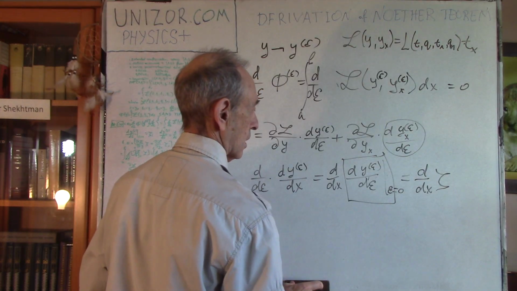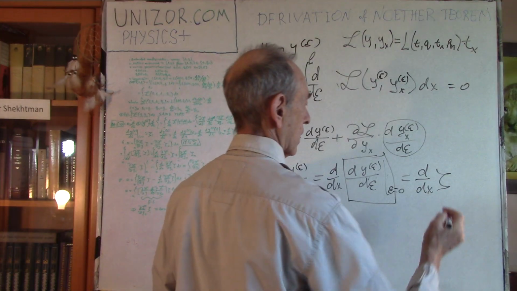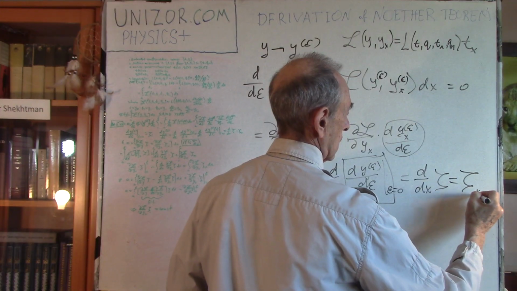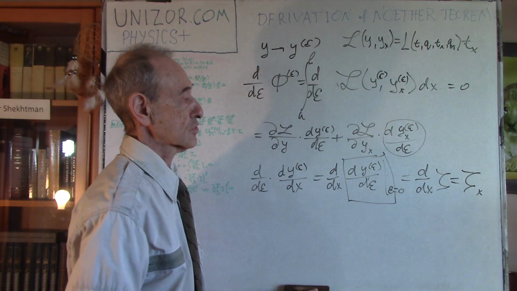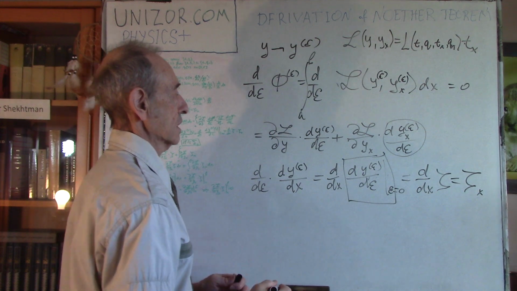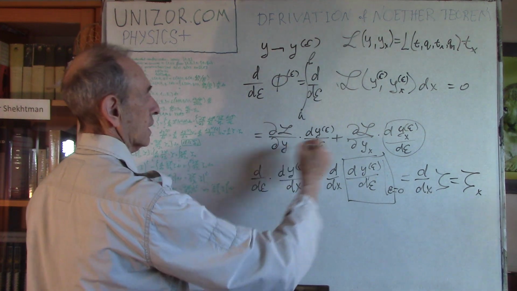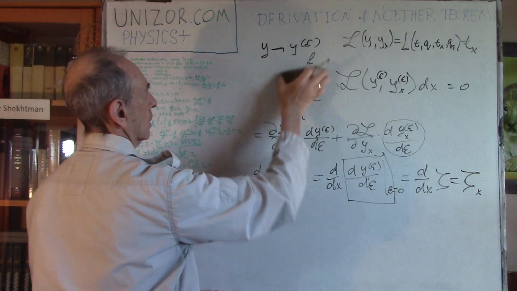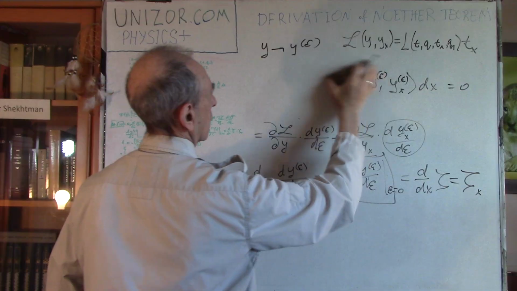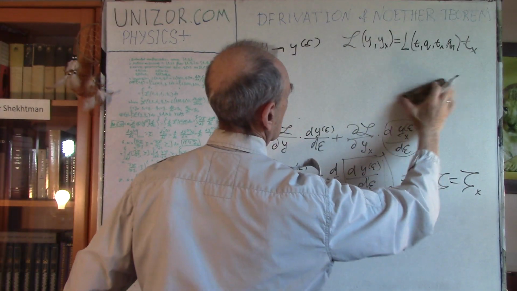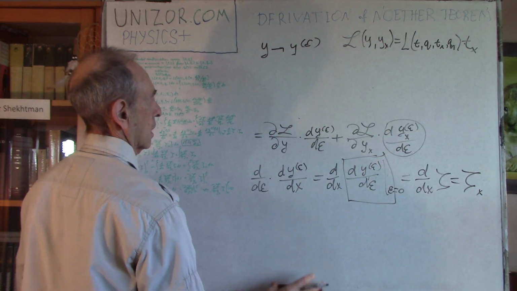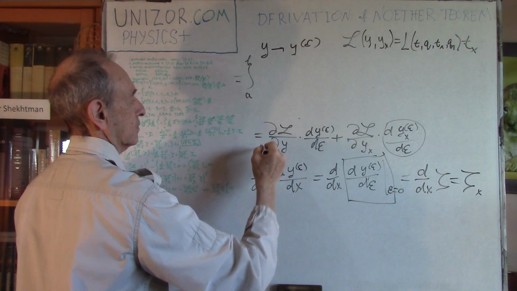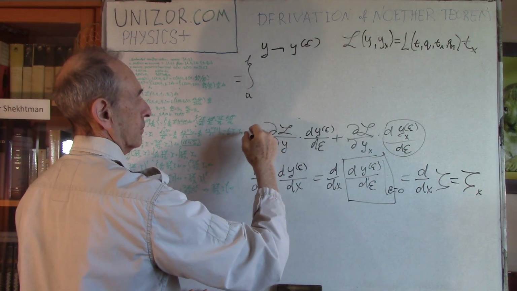And now, using subscripts as symbolics for differentiation, I use this. So what does it mean? It means that my integral is equal to the integral from a to b of this particular expression.